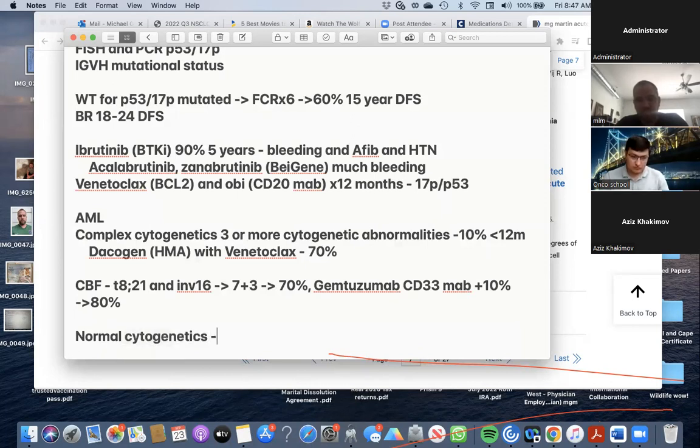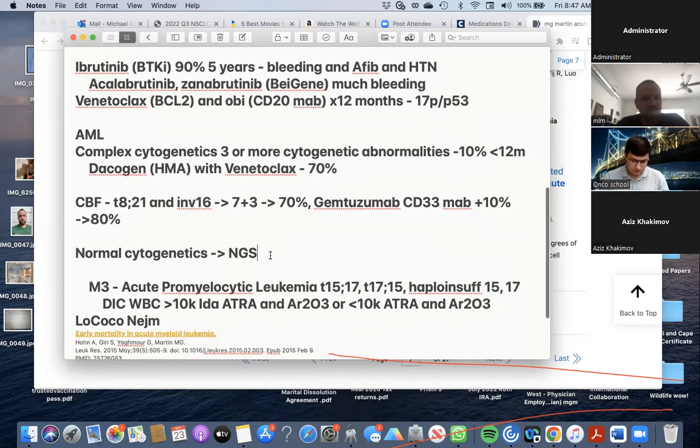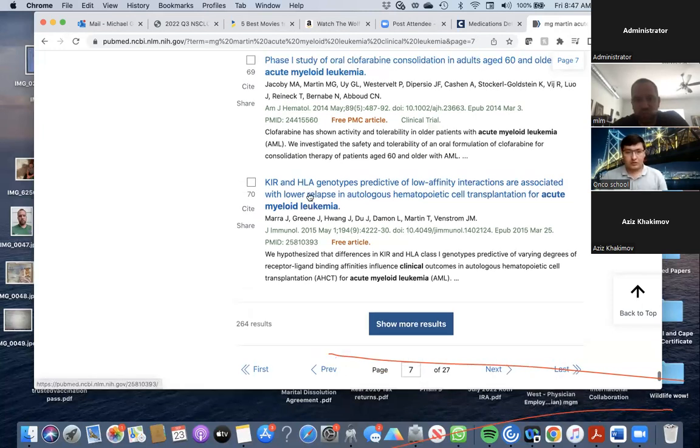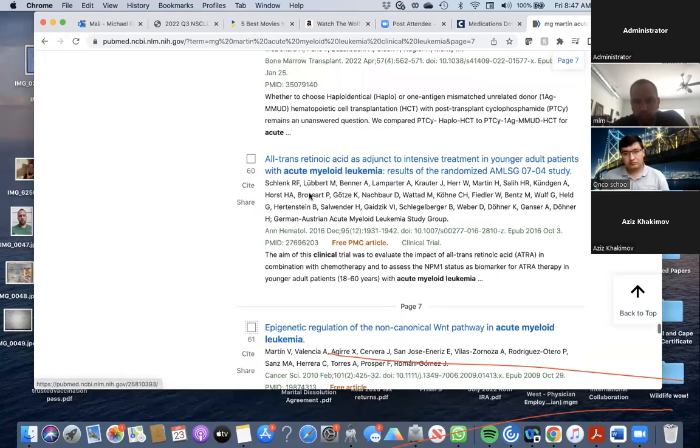In the US, we'll send next generation sequencing or a Foundation One panel. There's a whole list of mutations, which is available at the NCCN website, that you can use to help tailor therapy, but a lot of times we'll just give them 7 and 3 if they're normal cytogenetics.